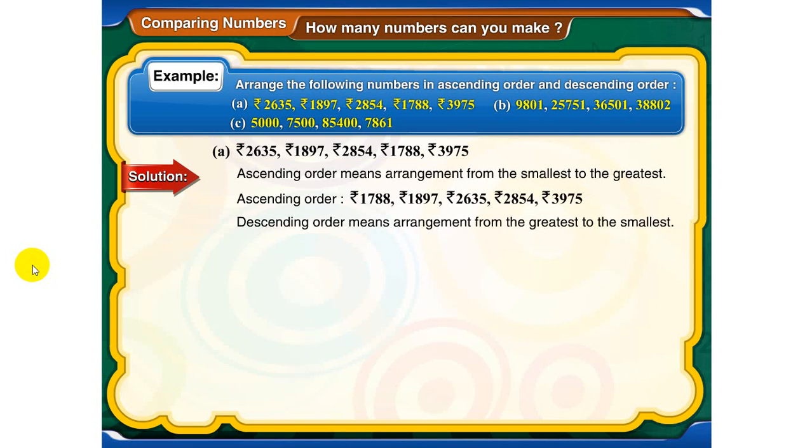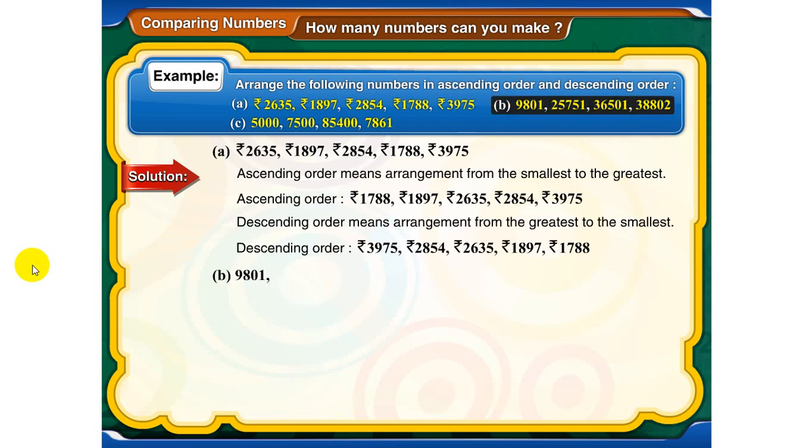Descending order means arrangement from the greatest to the smallest. That is, Rupees 3,975, Rupees 2,854, Rupees 2,635, Rupees 1,897, Rupees 1,788.